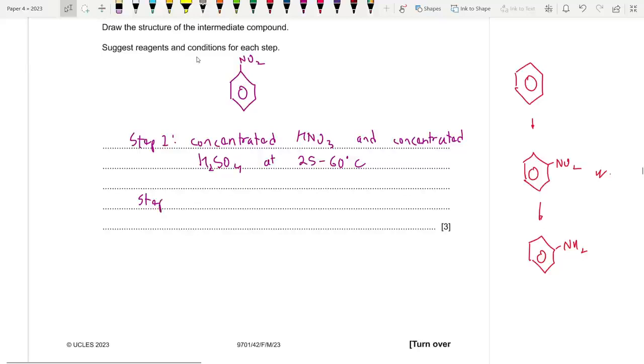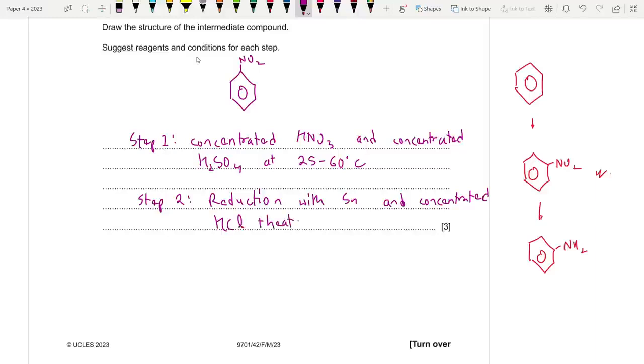And what about step 2, reduction? We basically use tin with concentrated HCl, plus heat. Okay, remember these, never forget. You'll always face this in your exam.